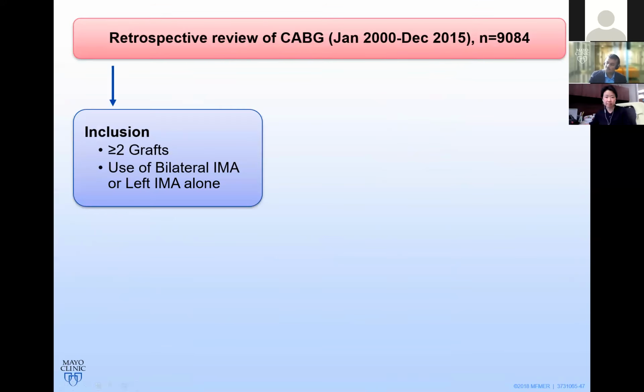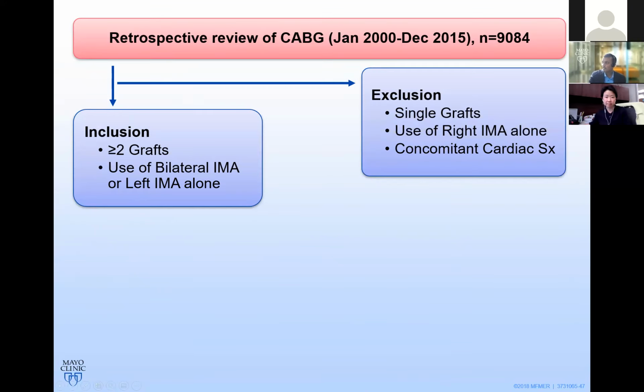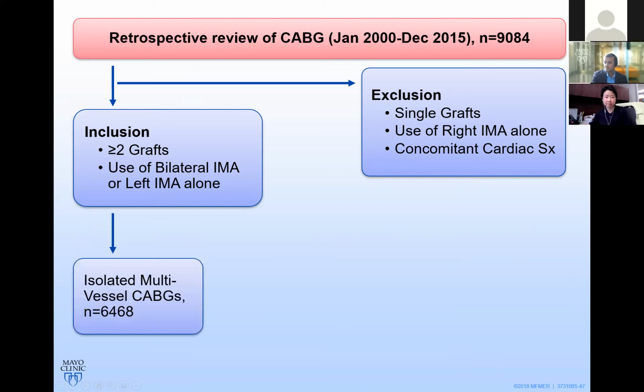We included all those patients who had multivessel CABG and excluded patients who had just one bypass graft, or if just one IMA was used, or any other concomitant heart surgery was done. So essentially, we included only patients who had isolated multivessel coronary artery bypass grafting, and we included around 6,500 patients.